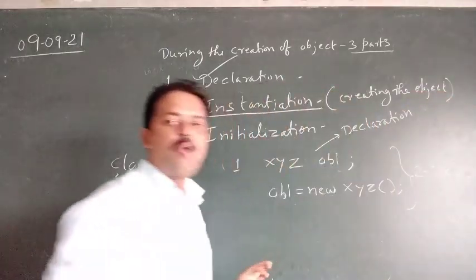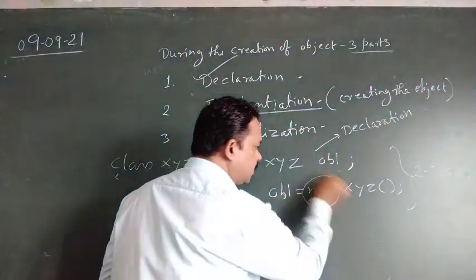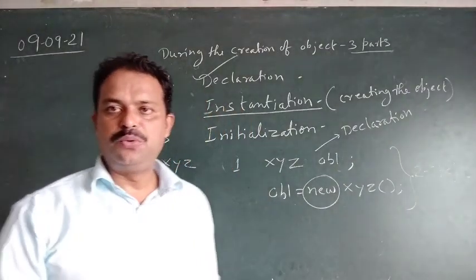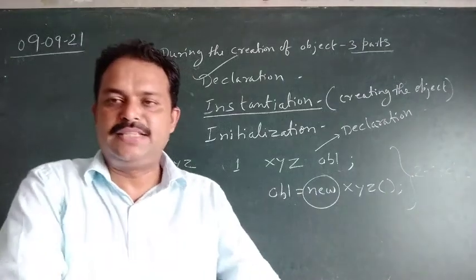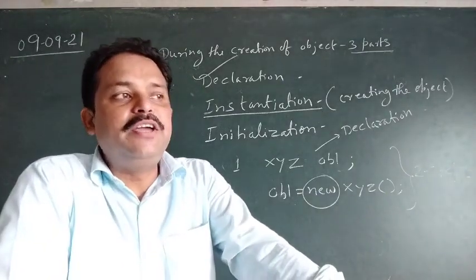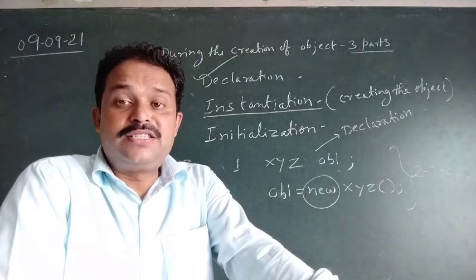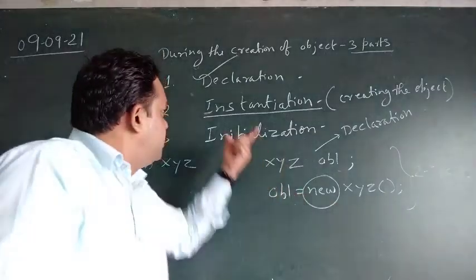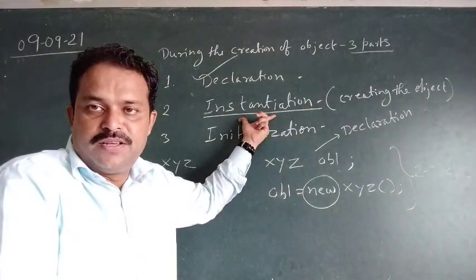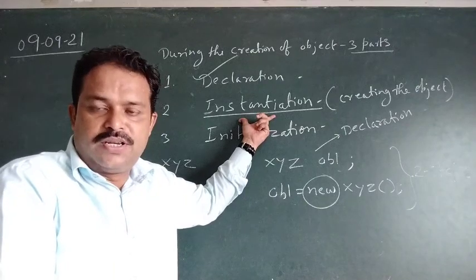And for that we are using the keyword new. This is very important to note down, because my examiner can ask in a multiple choice question, name the keyword which instantiates an object. You must know the meaning of instantiation. Instantiation means creating the object.